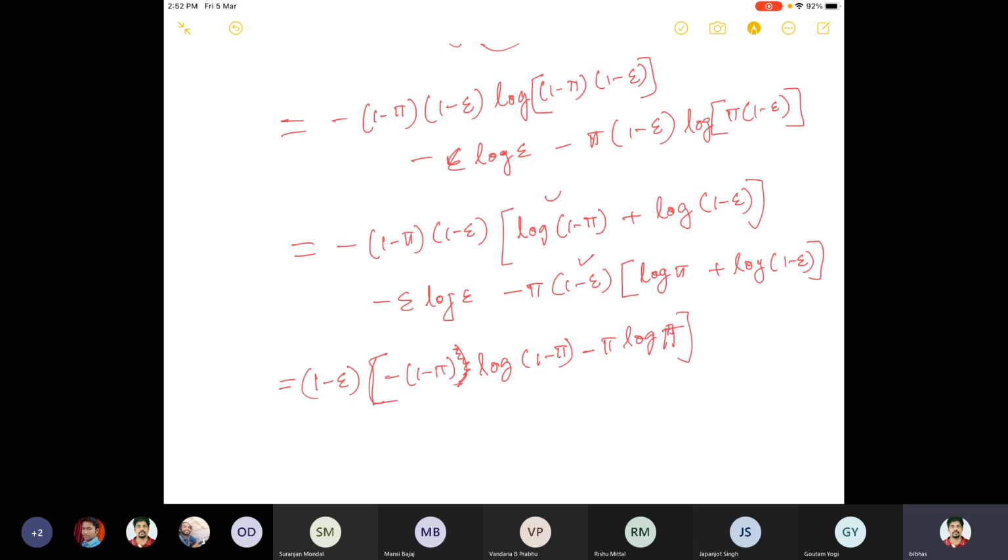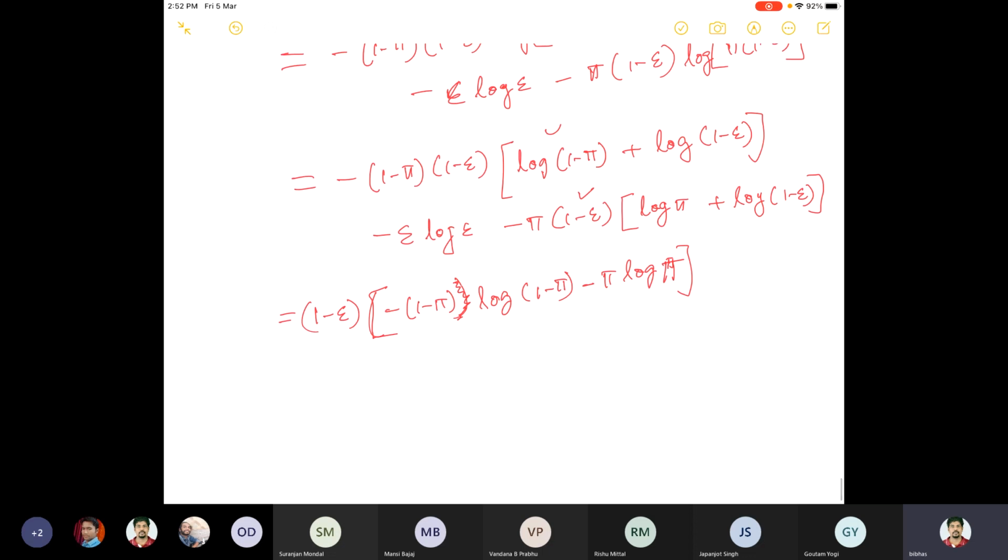This is the first part, and the remaining part is epsilon log epsilon, and then this part will remain. These are the same, right?